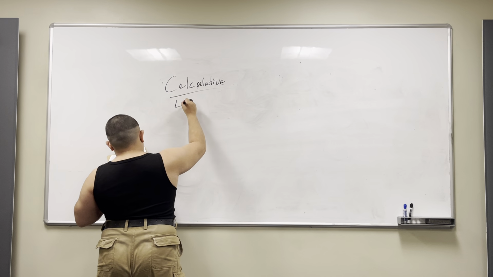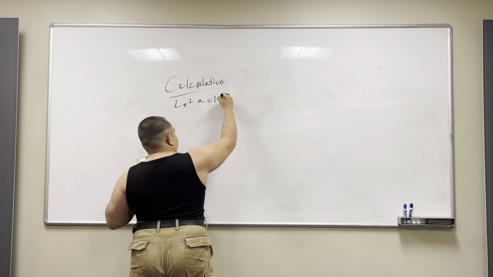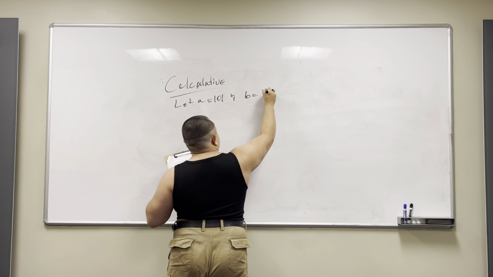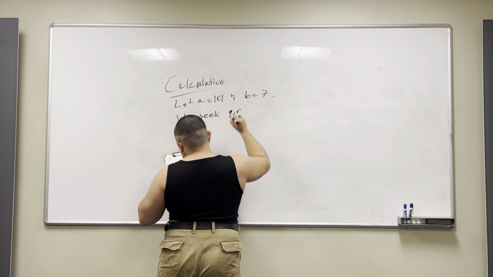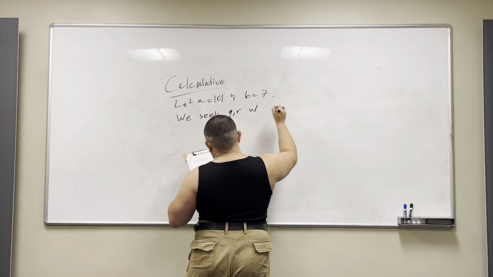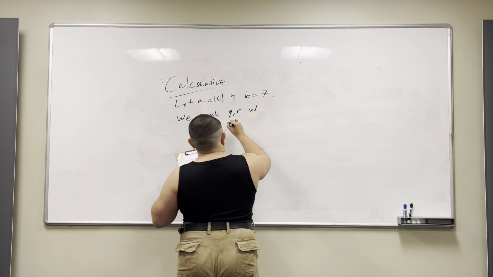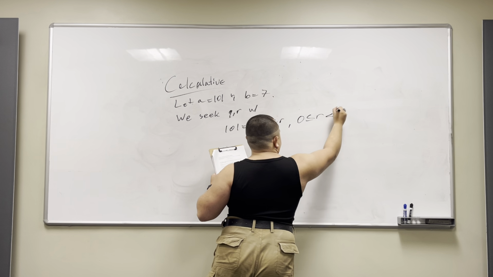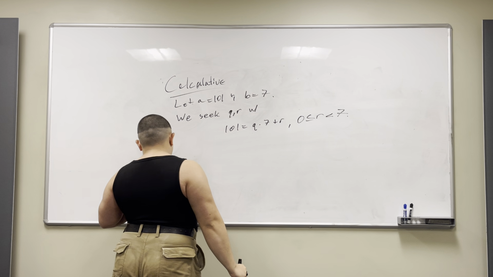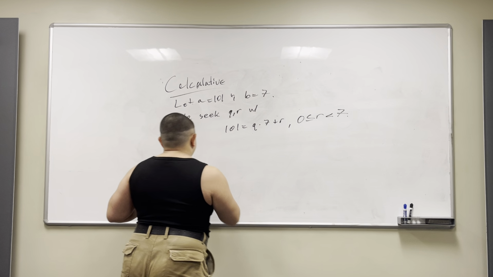So let's let a equal 101 and b equal 7. We seek q, r with 101 equal to q times 7 plus r, with 0 being less than or equal to r, which is less than 7. Now, dividing, 7 times 14 equals 98.